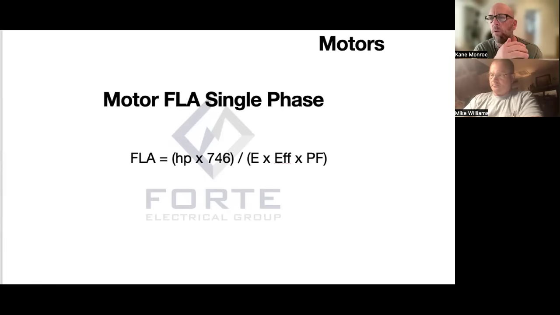So if you have a 1 horse motor, it's actually 746 watts. That 746 is a commonly used number when it comes to motors. That's a motor number. So for every horsepower, it's 746 watts. Yes, sir.